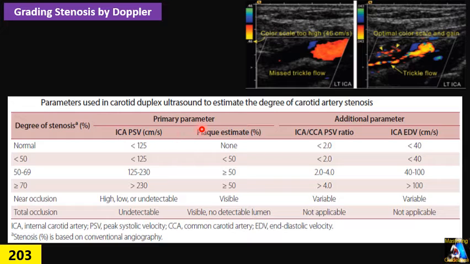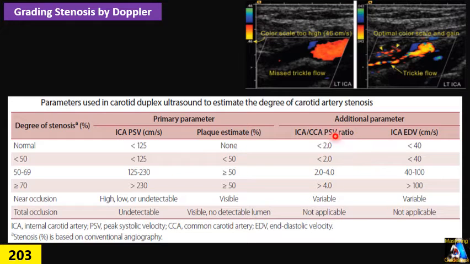In primary parameters, we grade stenosis based on two parameters: ICA peak systolic velocity and the stenosis estimated from the plaque on 2D, as you can see here.